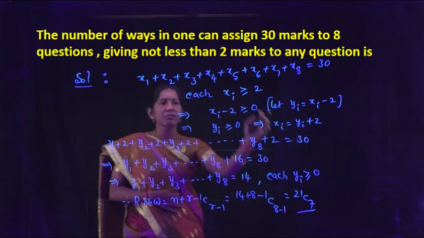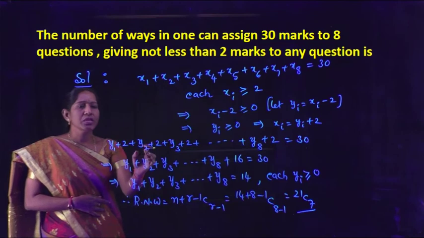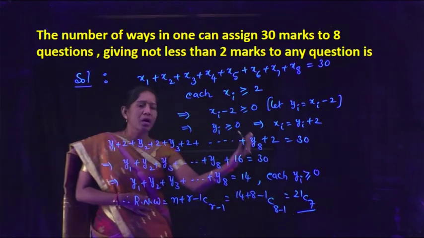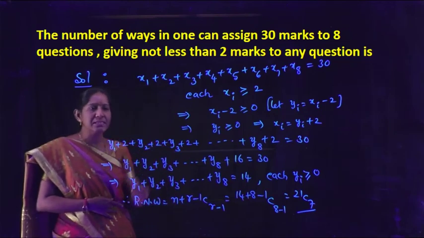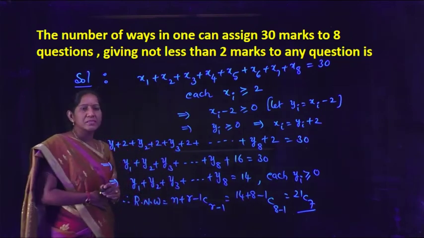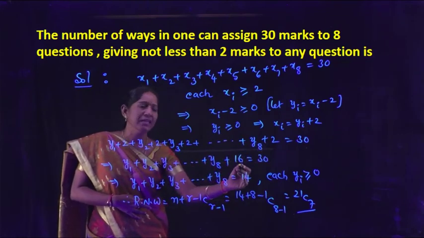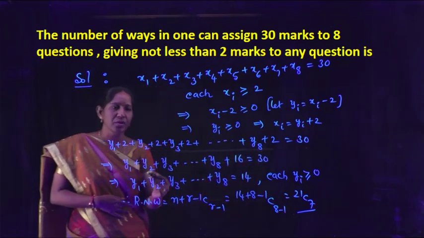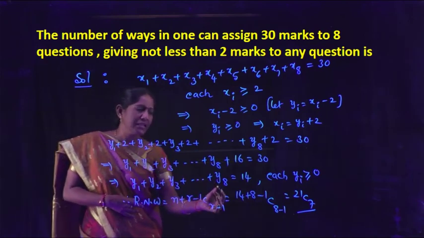Put all these values in the equation. x1 is y1 plus 2, x2 is y2 plus 2 and so on, x8 is y8 plus 2 is 30. That implies y1 plus y2 plus and so on y8, and 2 is 8 times there, then it is 16 is 30. Therefore, the equation becomes y1 plus y2 plus and so on y8 is 14.